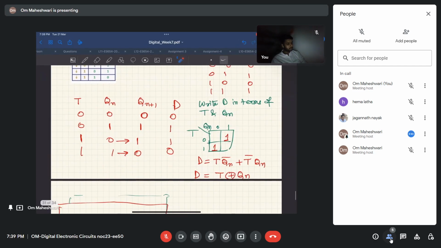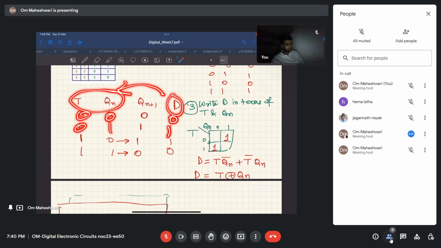Then the third step is to write this in terms of these. So you see 0, 0, 0, 0, 1, 1, 1, 0, 1, 1, 0. This is simply XOR, right? You can see, it is XOR.